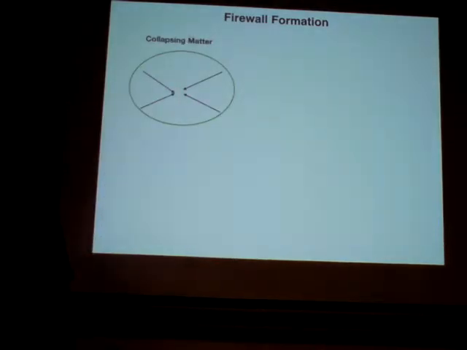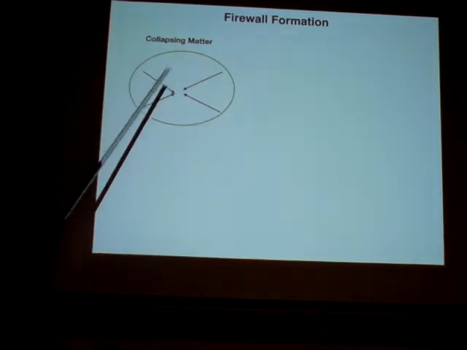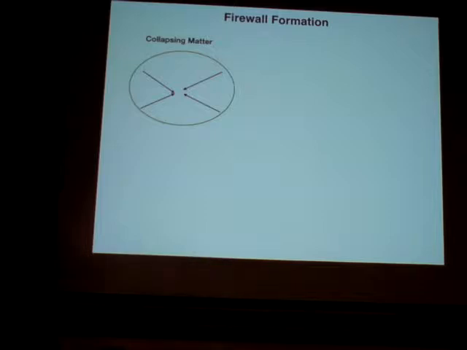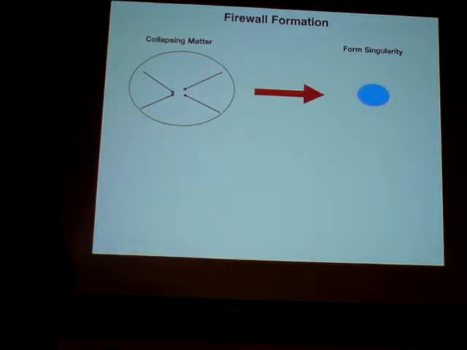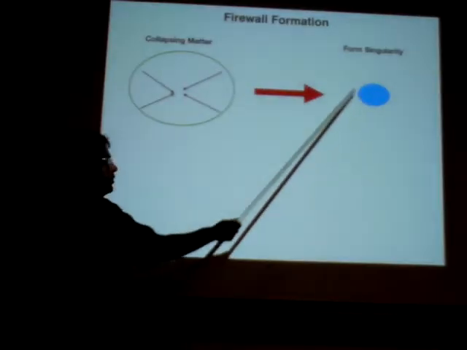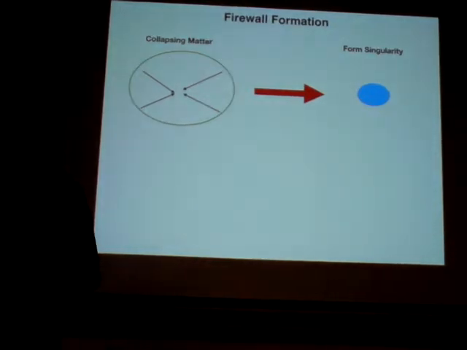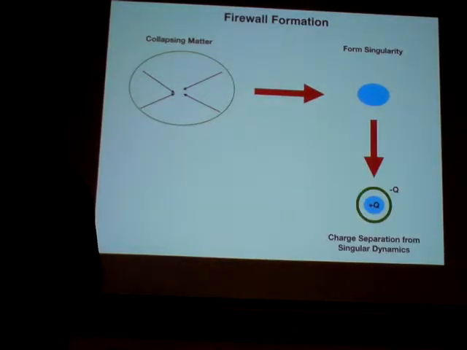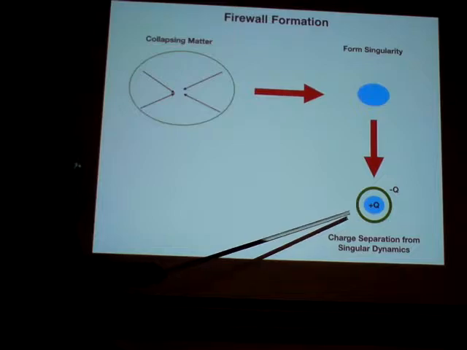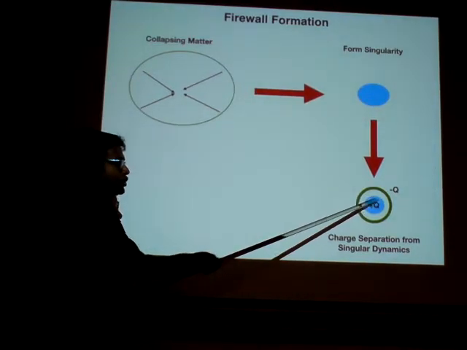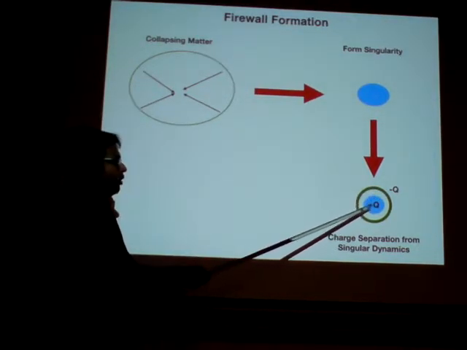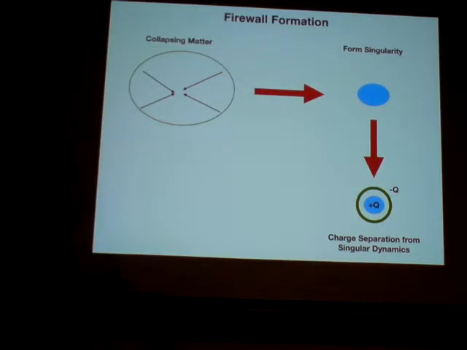So how do I imagine this thing actually forming from low density matter? Right, I take a low density cloud of matter, and this matter starts collapsing. As it starts collapsing, the matter will at some point form a singularity. It becomes something dense and big at Planckian density. And when that is the case, singular dynamics can of course cause a charge separation, for example over here, positive charge and negative charge, making each of these things very, very singular.